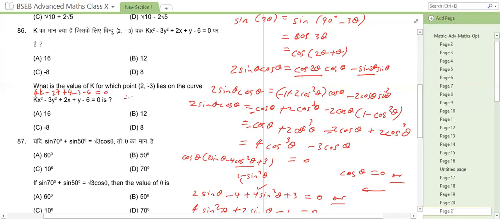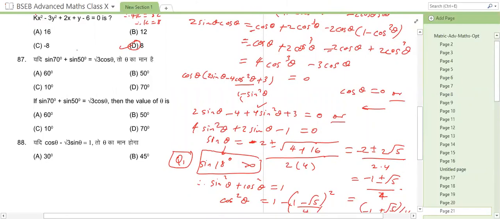Therefore, 4k is equal to minus 27 minus 3 is minus 30, minus 36, minus 32. Take it over, we're going to get 32. Therefore, k is equal to 8.